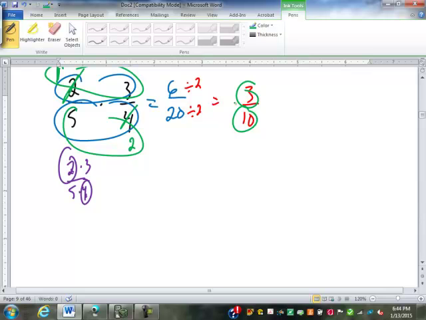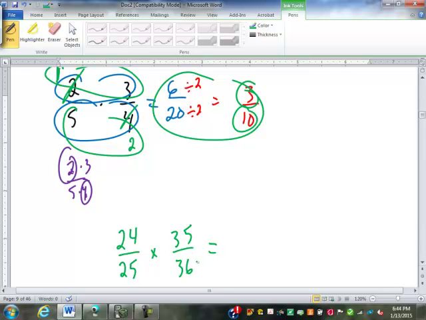Now in a problem like this, it's just as much work to cross cancel as it is to reduce when you're done. But you can run into problems like this, 24/25 times 35/36. And doing a problem like that, you're going to end up with something like 840 over 900 and have to reduce it. Well, to me, it'd be easier to cross cancel first.